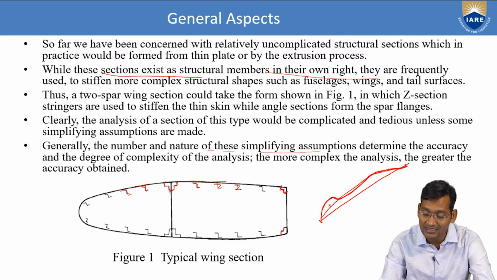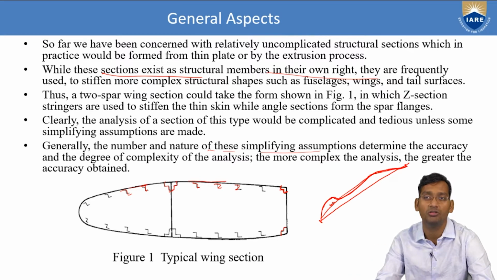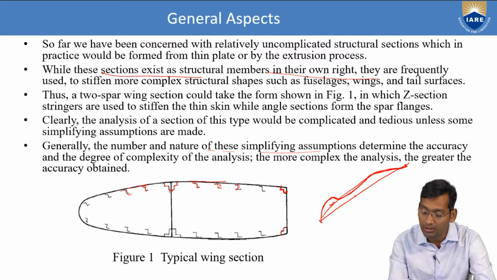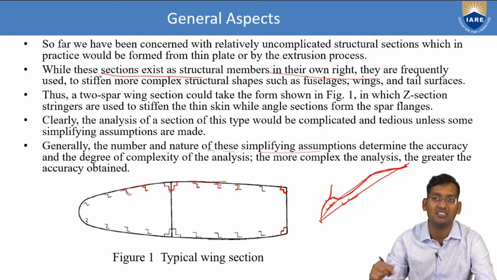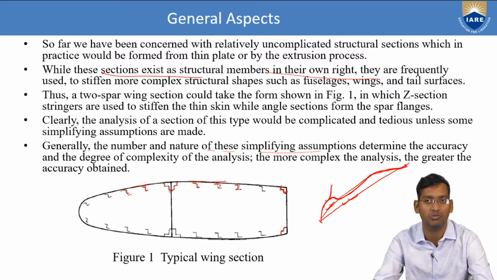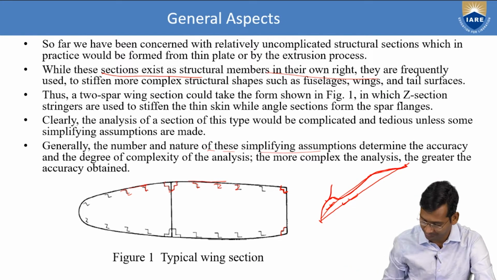This is also not that accurate, but it will be more accurate than the second one and less accurate than the first. So the more complex the analysis we do, the more accurate the result we get.